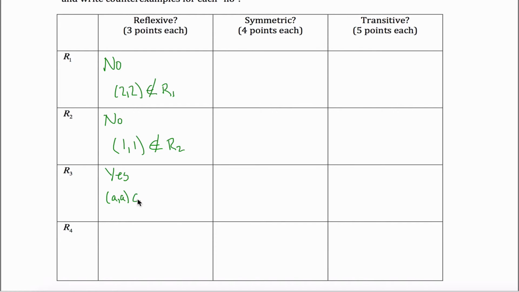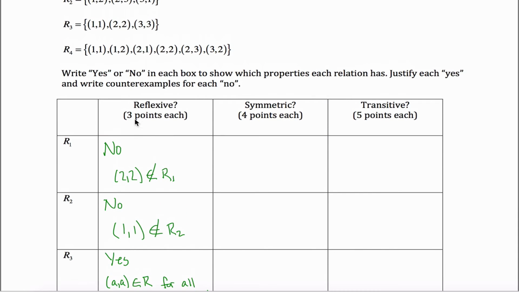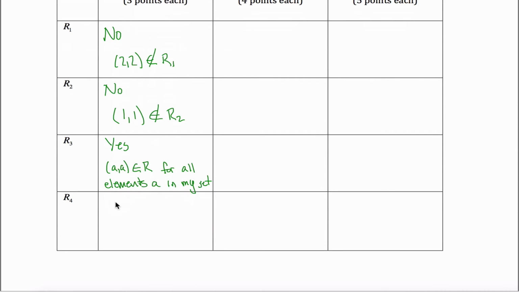A is in R for all elements A in my set. You don't have to write it in exactly this way, but somehow convey that idea. What about R4? Well, it's got 1, 1, it's got 2, 2, it doesn't have 3, 3. So the answer here is no. 3, 3 is not in R4, and this was R3 up here.